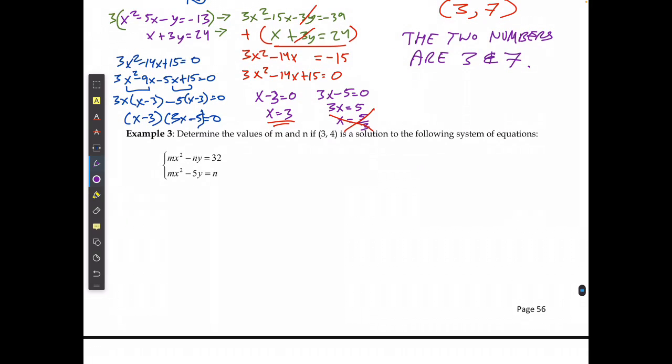For example 3, determine the values of m and n if (3, 4) is a solution to the system. Well, I know that that represents x and y. So if this is true, then I'm just going to start by subbing in x and y. For the first equation, this would be the same as m times 3 squared minus n times 4 is equal to 32.